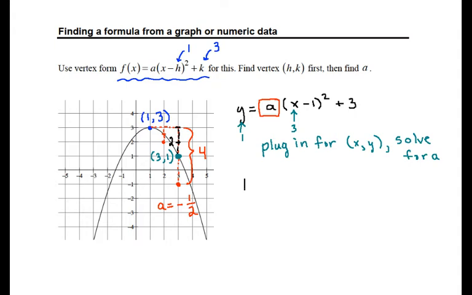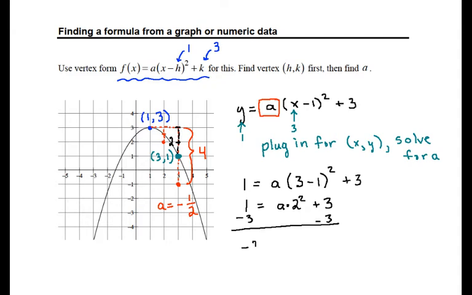So that looks like this. 1 equals a times (3 minus 1) squared plus 3. 1 equals a times 2 squared plus 3. Let's go ahead and subtract that 3 from both sides.